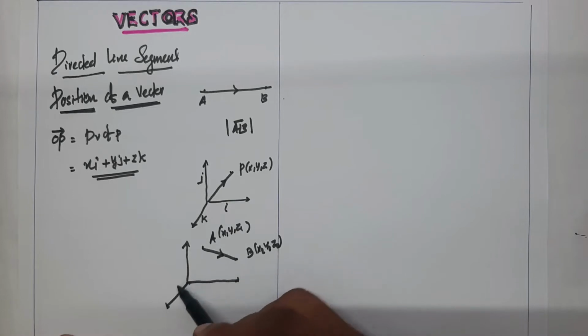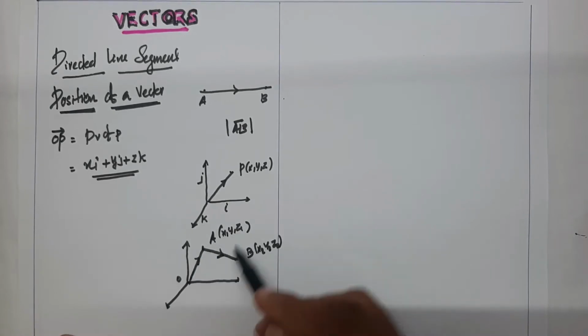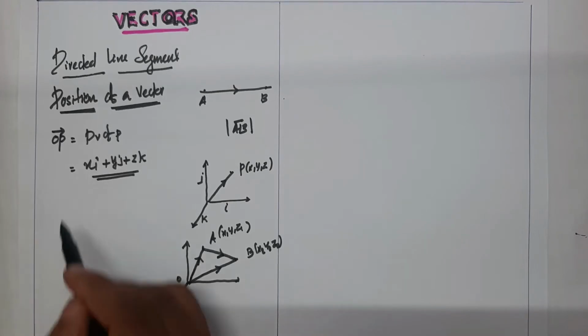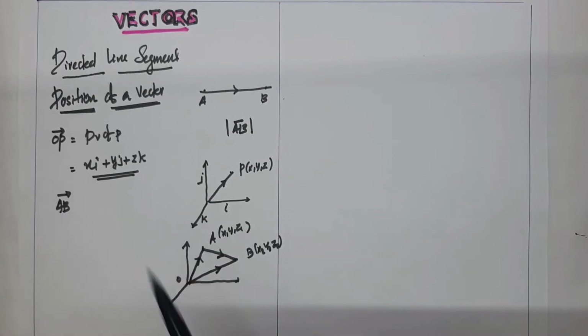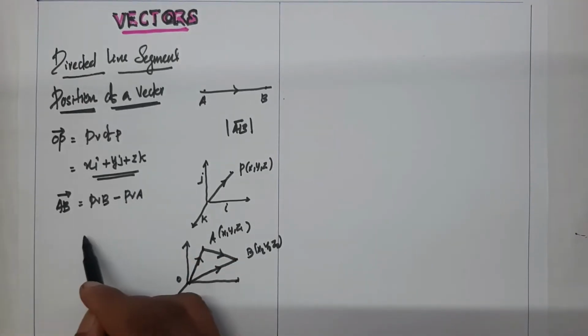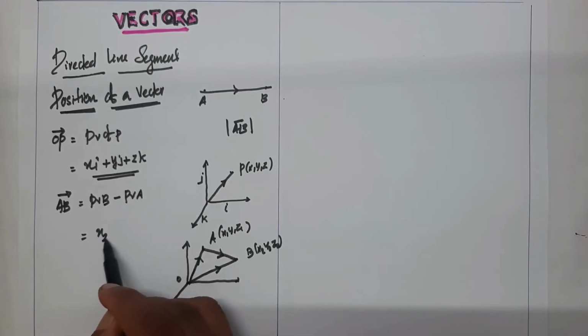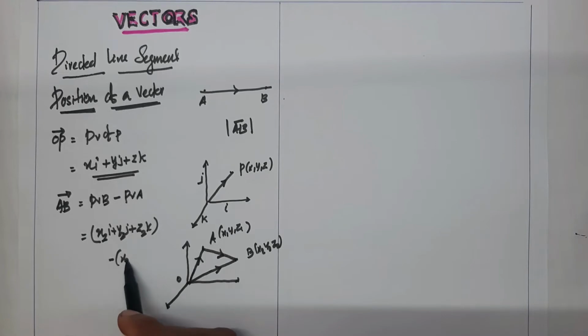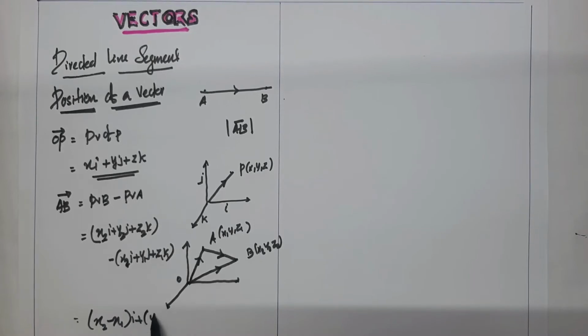We connect A and B to the origin, giving the position vector of A and the position vector of B. Here, vector AB is equal to the position vector of B minus the position vector of A. That is (x2 i plus y2 j plus z2 k) minus (x1 i plus y1 j plus z1 k), which equals (x2 minus x1) i plus (y2 minus y1) j plus (z2 minus z1) k. That is the vector AB.